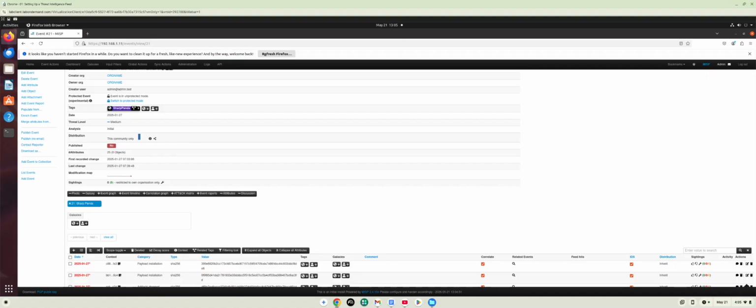The analysis level reflects how thoroughly the event has been reviewed or validated, from initial observation to completed assessment. So this ranges from initial, ongoing, to completed. We can see that this one is initial, so there has only been an initial level analysis.